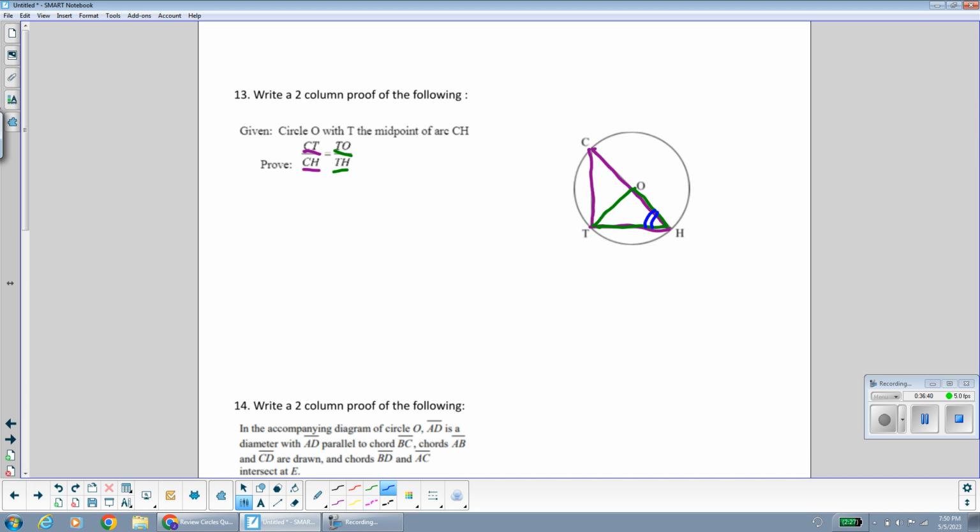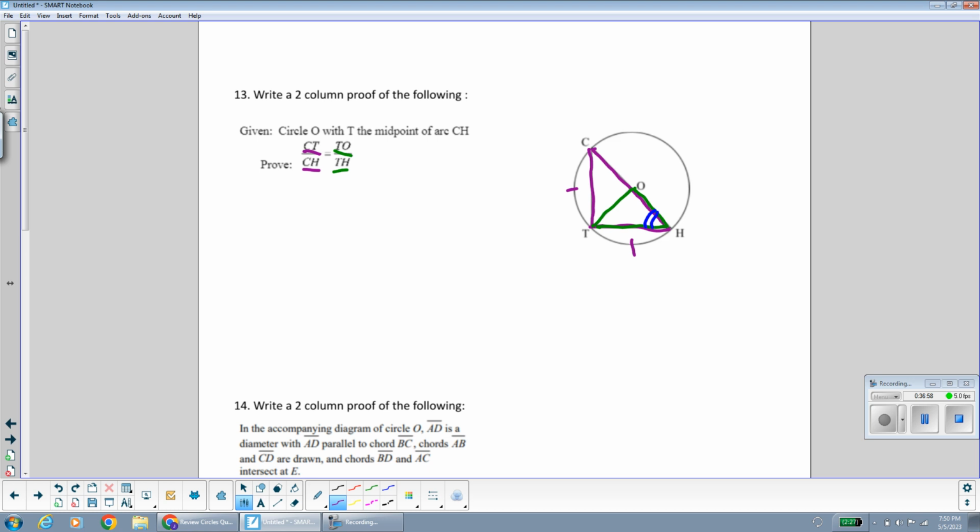Now, the next thing I notice is that from the givens, because the givens are always there for a reason, we're told that T is the midpoint of arc CH. That means that arc CH is being split into two equal parts by the midpoint.